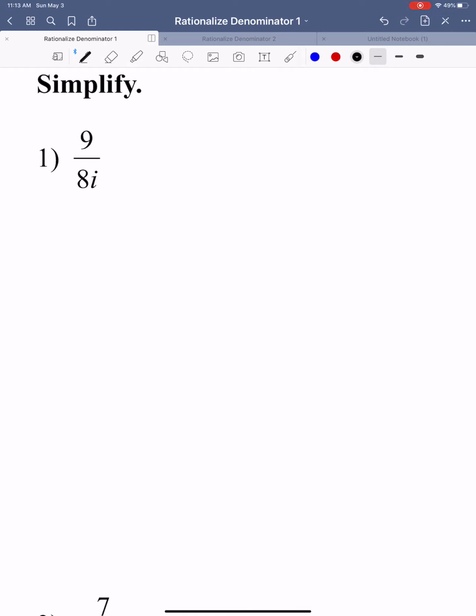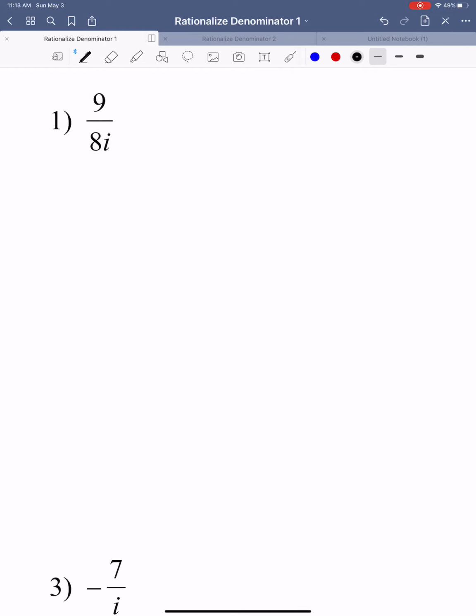Okay, so again, 8i in the denominator. We're going to multiply by i over i. 9i at the top, 8i squared at the bottom. i squared is -1. And so you have 9i over -8. Number 2.